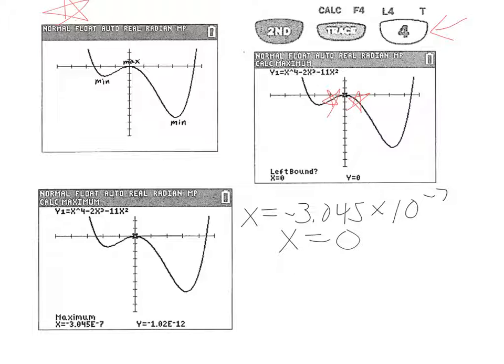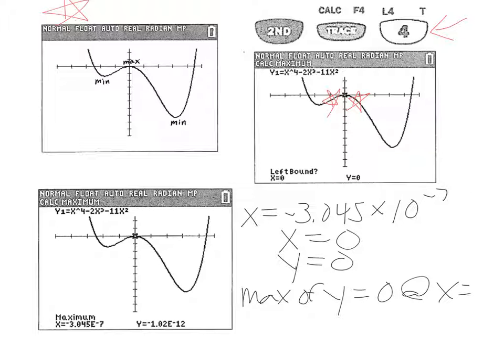Same thing for the y. Negative 1.02 times 10 to the negative 12. Moving the decimal 12 places to the left and filling that in with zeros, the y is basically 0 also. Now, write the answer with the y first. Maximum of y equals 0 at x equals 0. So we found the maximum.